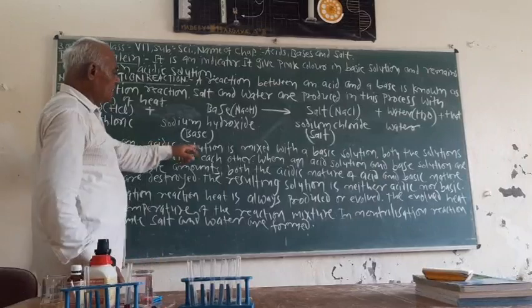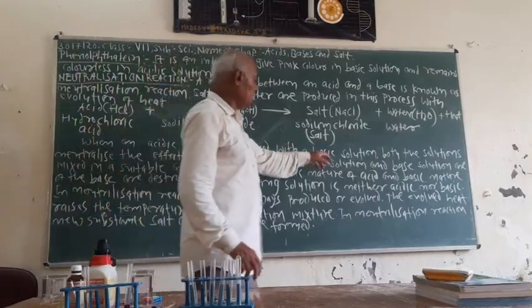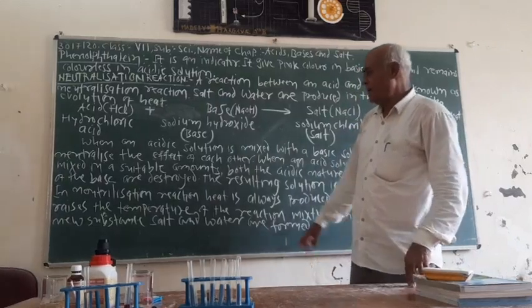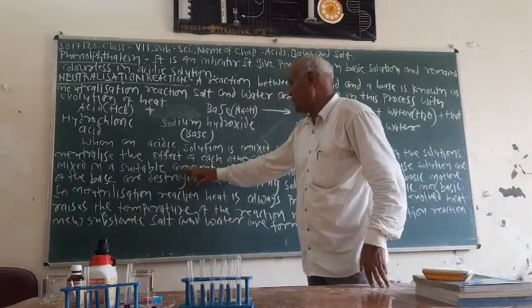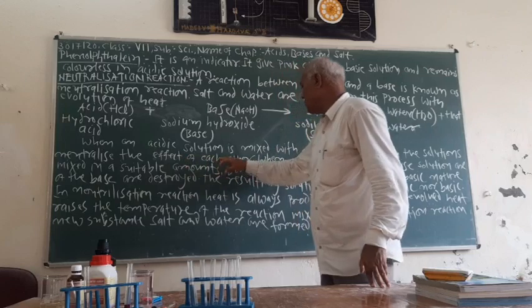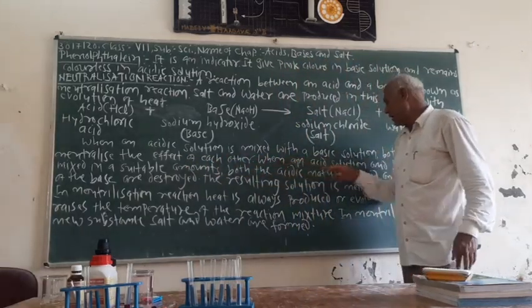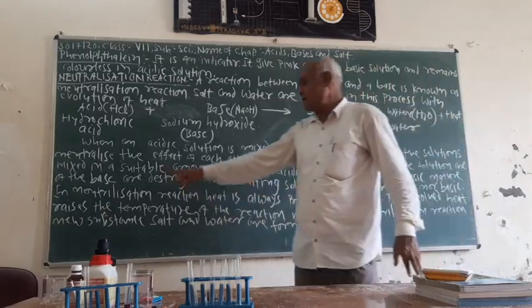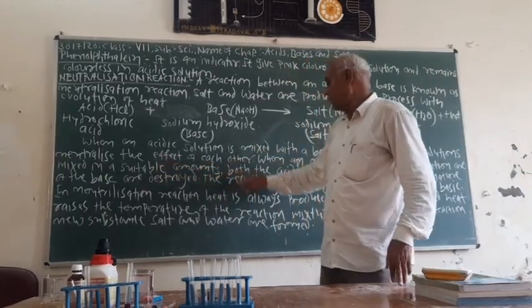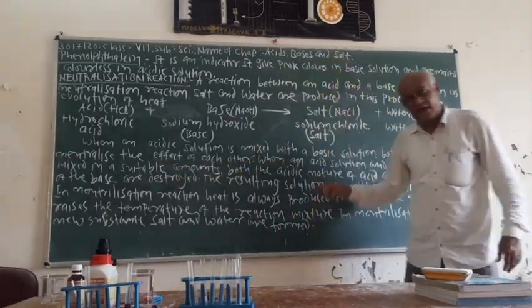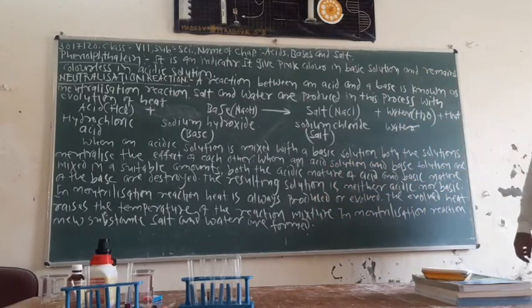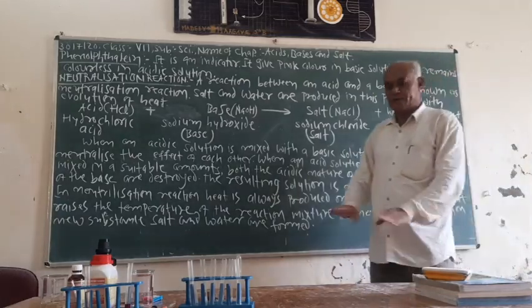When an acidic solution is mixed with a basic solution in a suitable amount, both solutions neutralize the effect of each other. The acidic nature of the acid and the basic nature of the base are destroyed.